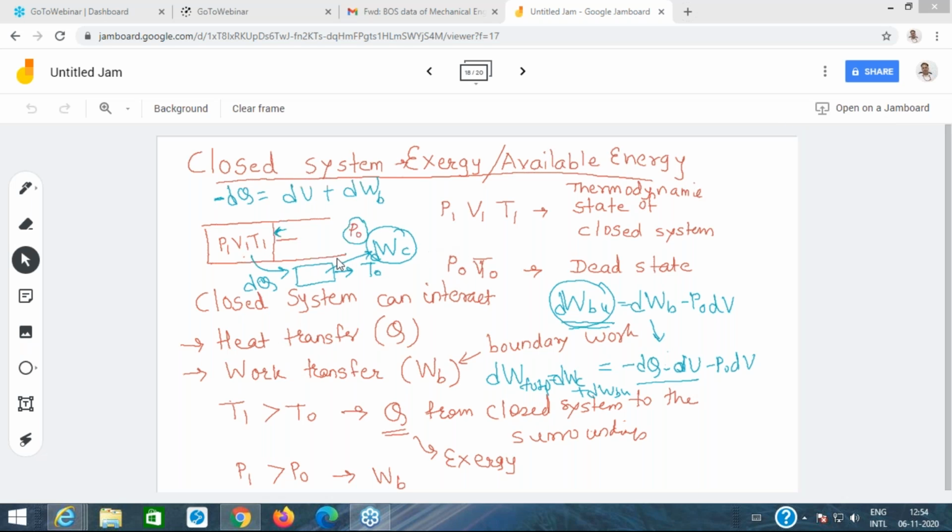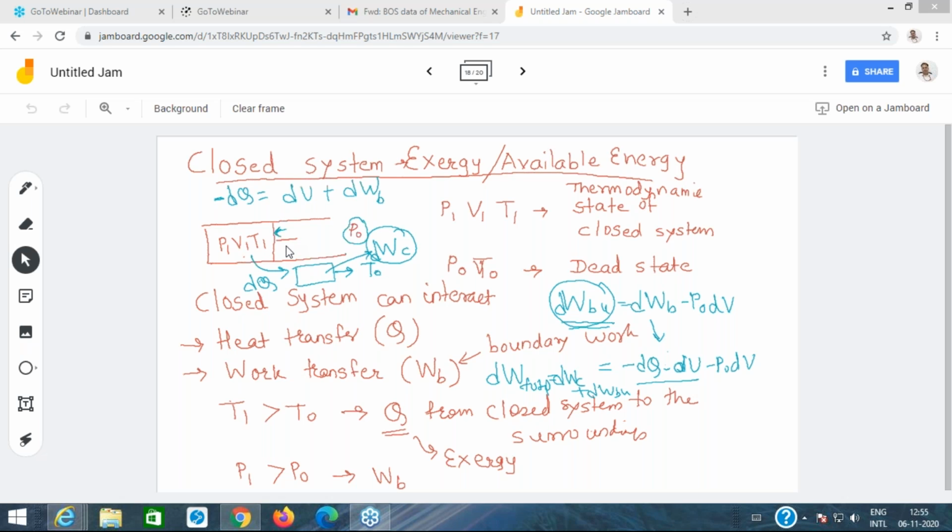We had considered a closed system in the form of a piston cylinder arrangement, and we had considered that there is a gas in it which is at a pressure P1, volume V1, and temperature T1. The pressure and temperature are different from the dead state.